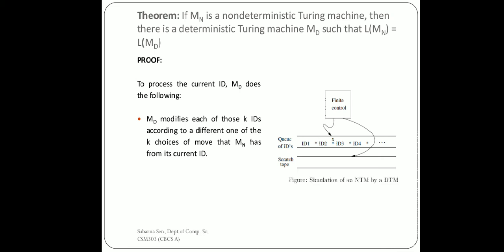Fine. Now if this is done, MD returns to the marked current ID. What is the marked current ID here? That is ID 3. It erases the mark and moves the mark to the next ID to the right, because it needs to process the next. ID 3 is done. It has taken all the transitions that ID 3 is doing for Mn. If it is an accepting state, fine.